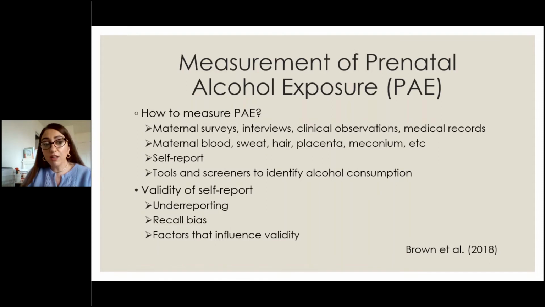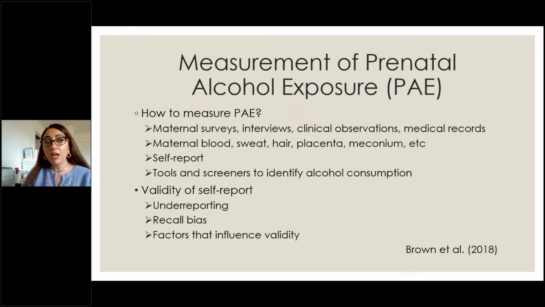Therefore, if you ever find yourself in a position of interviewing women, whether they're mothers yet or women of childbearing age, and you are asking about alcohol, there are some great samples, and I know Dr. Chasnov also talked about some ways he's put together some of his screeners for mothers-to-be or women of childbearing age.